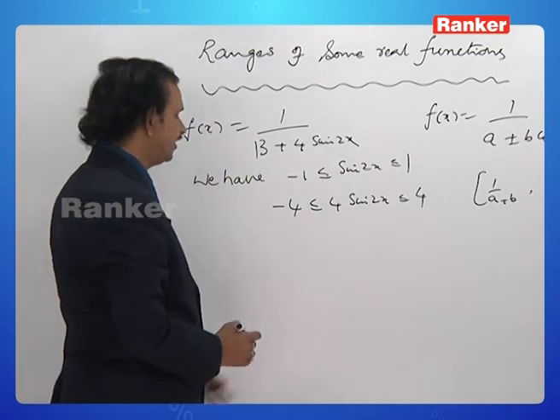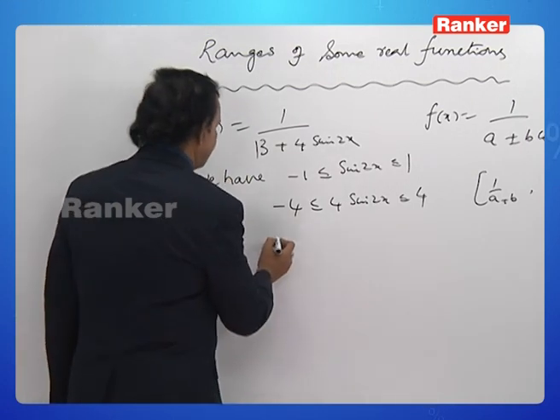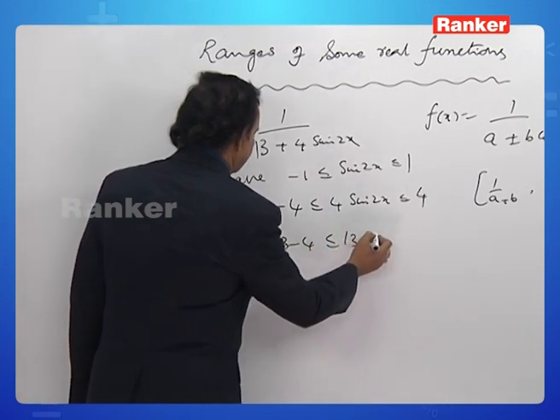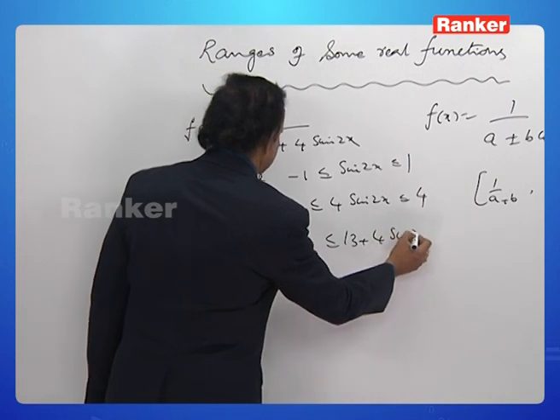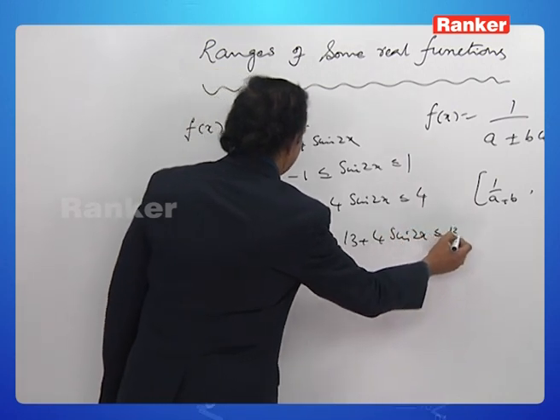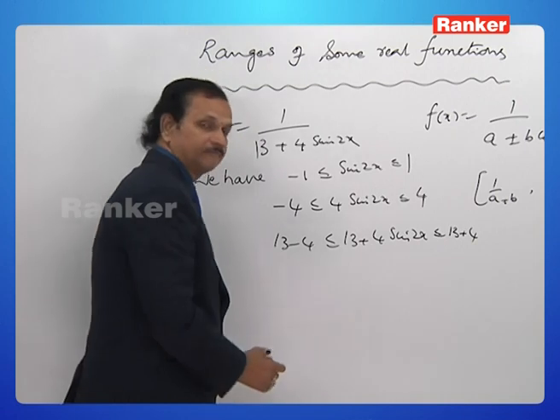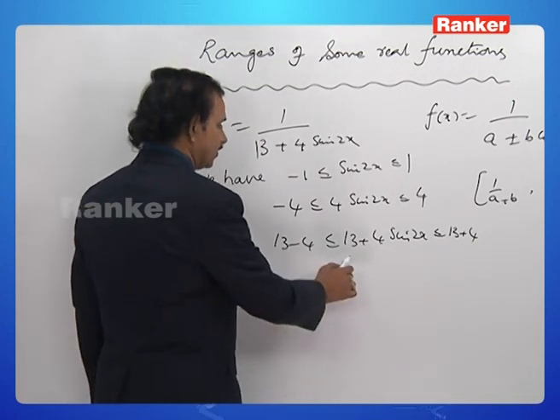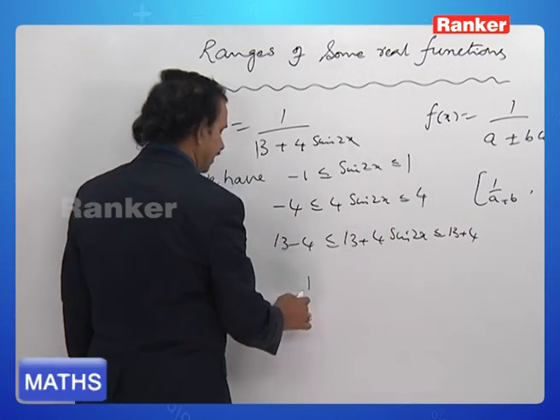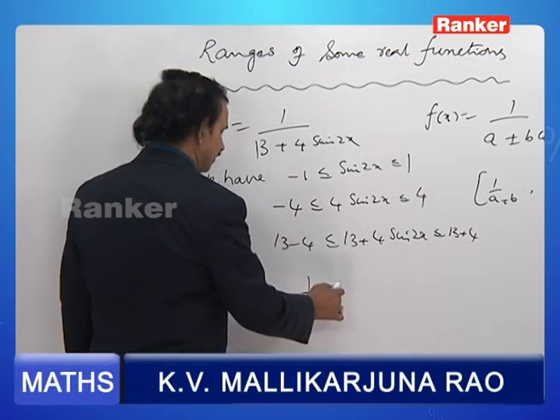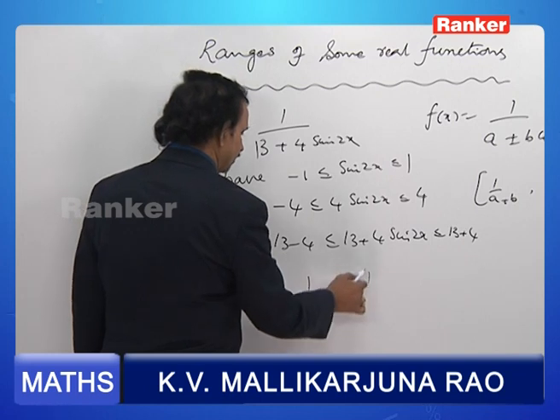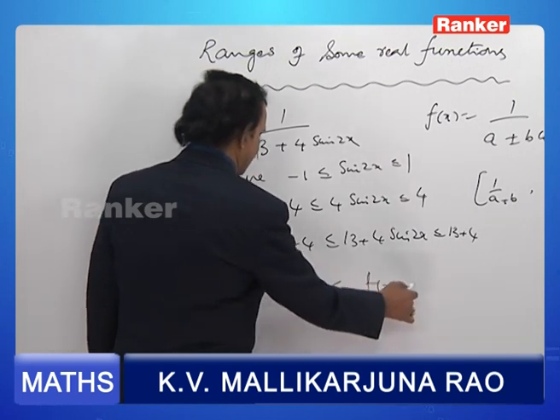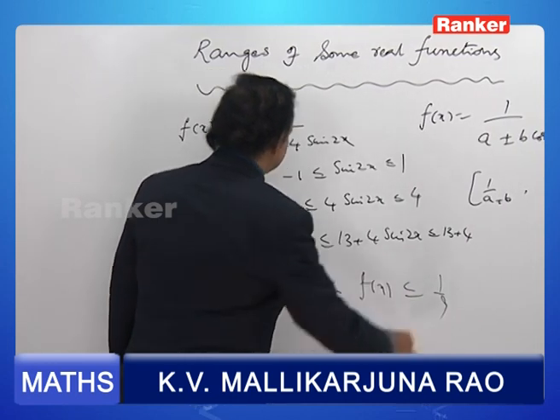Again, let us add 13 on all sides. 13 minus 4 less than or equal to 13 plus 4 sin 2x less than or equal to 13 plus 4. That is, 9 less than or equal to this, less than or equal to 17. Let us take the reciprocals. 1 by 17 less than or equal to 1 by this, which is f of x, less than or equal to 1 by 9.